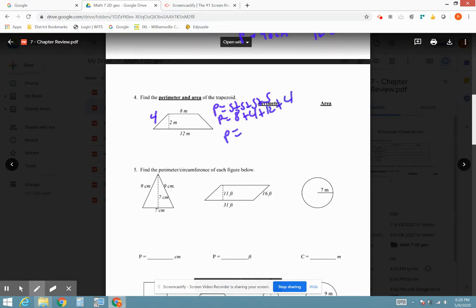So 8 plus 12 plus 4 plus 4, 28. Area: 1/2 height, base 1 plus base 2. 1/2 the height, which is 2, base 1 plus base 2.